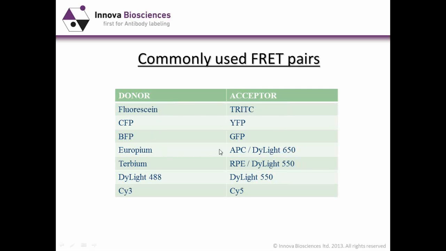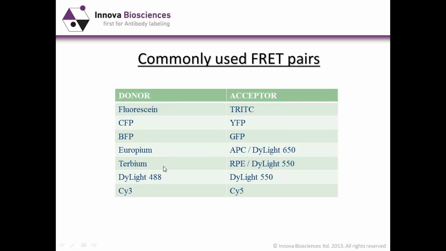Then we have the group of fluorescent proteins that are generally used being genetically encoded into molecules. So, for instance, CFP or cyan fluorescent protein with yellow fluorescent protein, and blue fluorescent protein with green fluorescent protein.